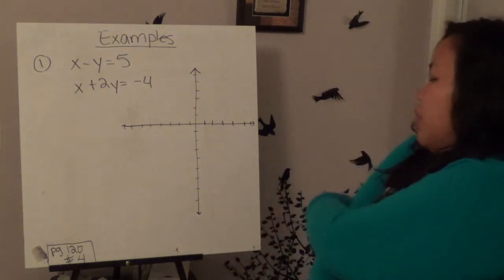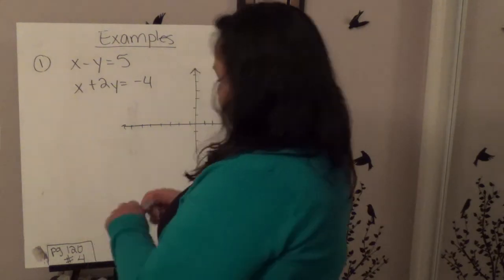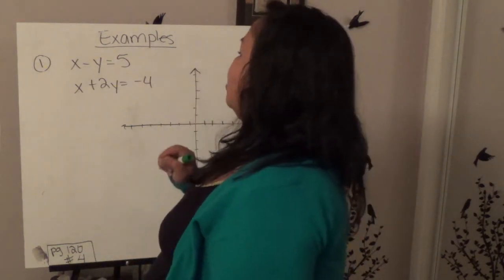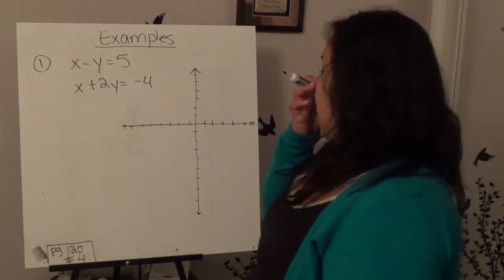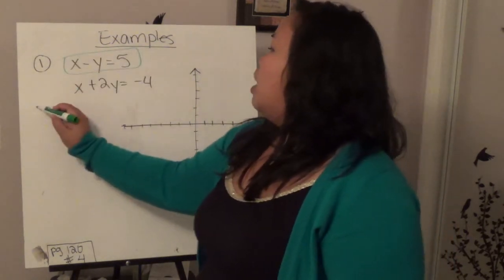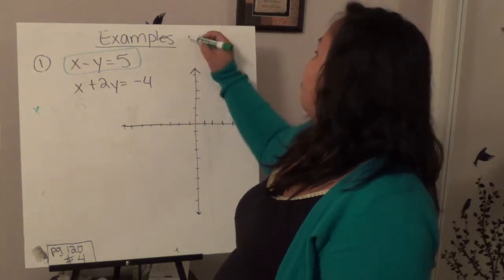Alright, so we're going to do a very similar thing here. We're going to do x minus y equals 5, x plus 2y equals negative 4. So the first one, I'm going to take this equation, x minus y equals 5. And again, I want it in what form?